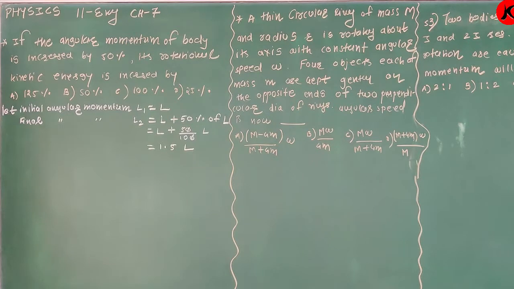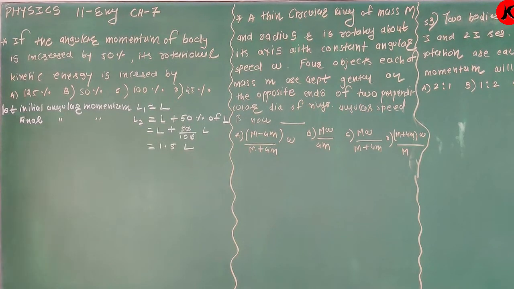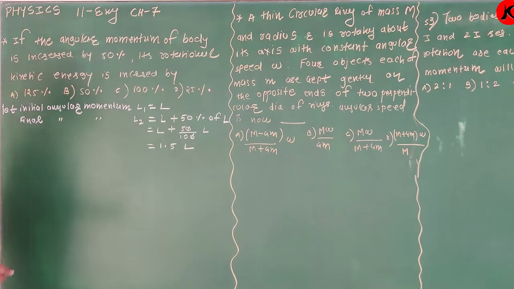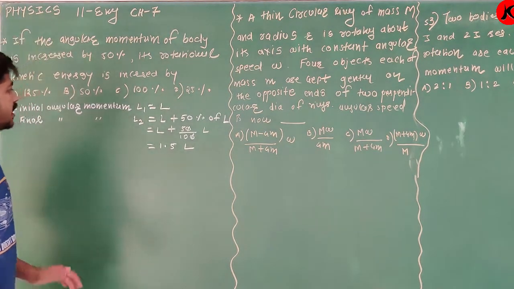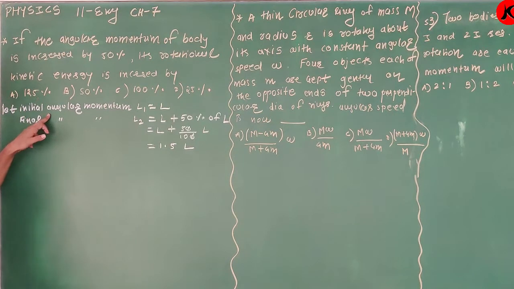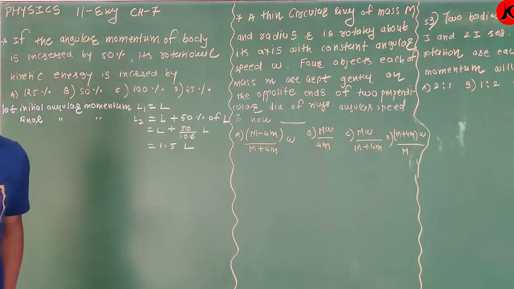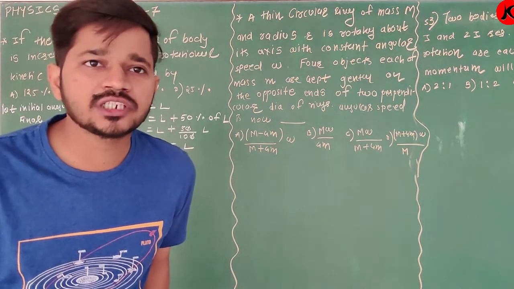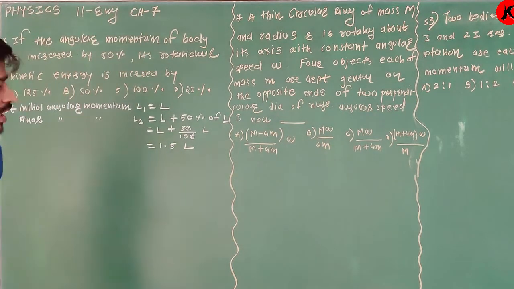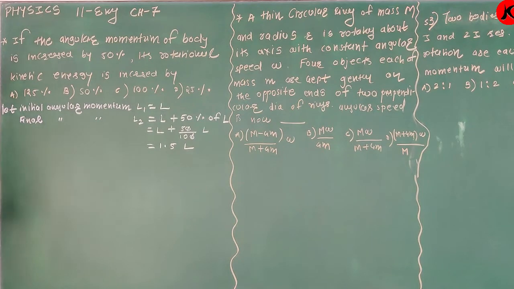Now we have to find its rotational kinetic energy. So now you have to obtain one relation between angular momentum and rotational kinetic energy. See how to obtain such a relation.